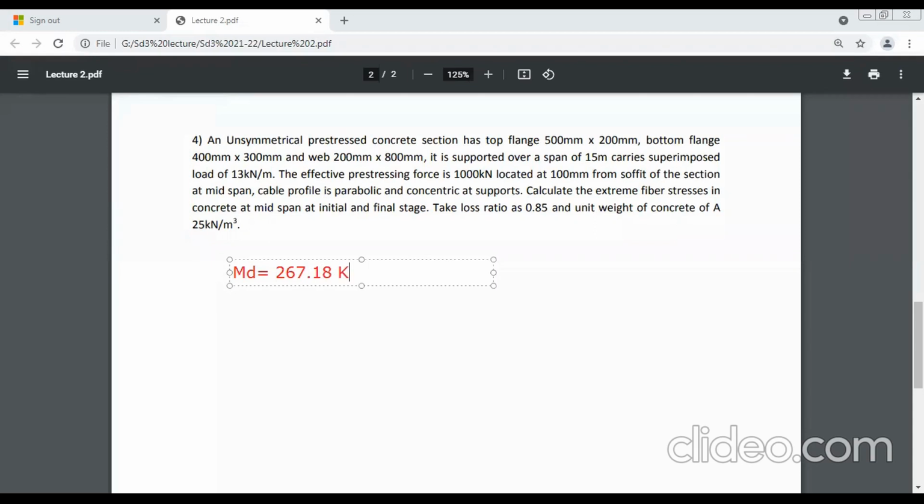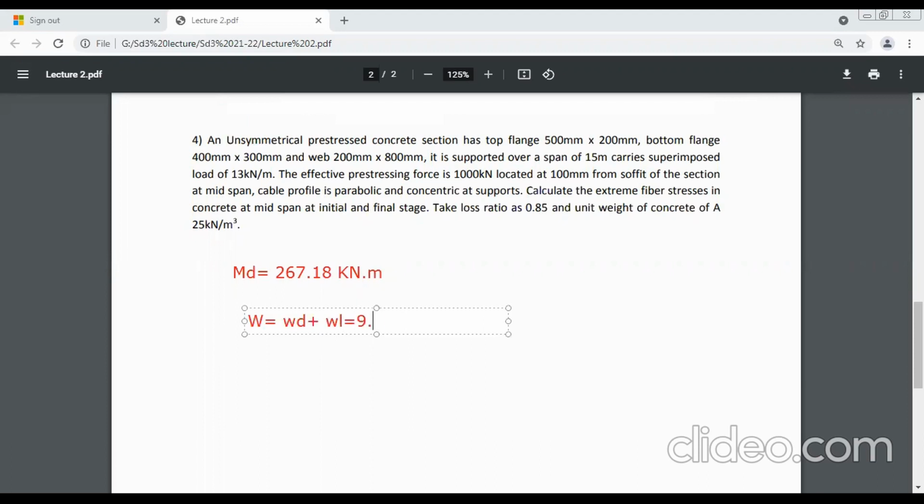267.18 kilonewton meter. Okay. So now find out bending moment due to total load. Total load means W. W is equal to WD plus WL, the live load.